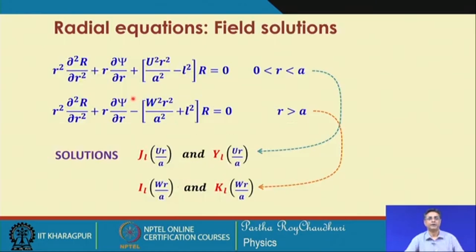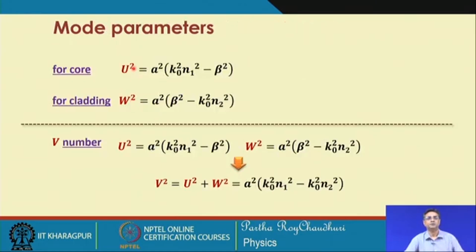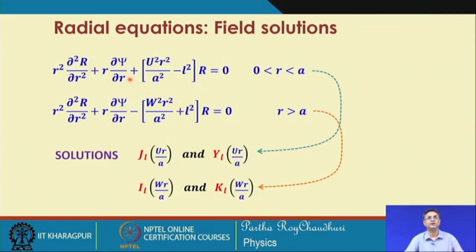Using this substitution of u square and w square for these quantities, we can rewrite the radial equations for the core and cladding in this form, because now we have replaced this by u square r square by a square, w square r square by a square. This is very simple and well known.